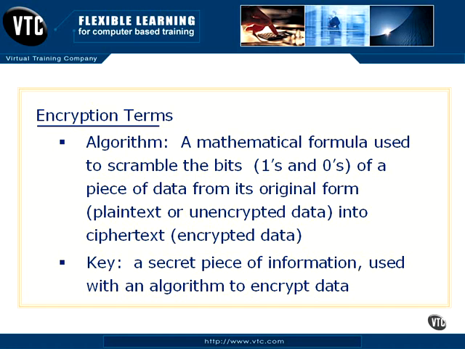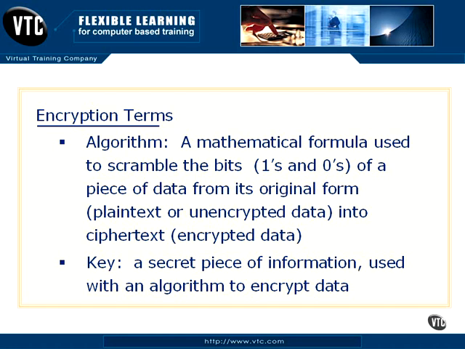It scrambles it from its original form, plain text, which is unencrypted, into ciphertext, which is encrypted data. Don't be alarmed if you don't understand the definition just yet. We're going to go into algorithms more in depth in the next session or two.